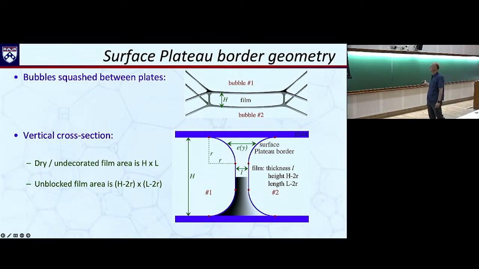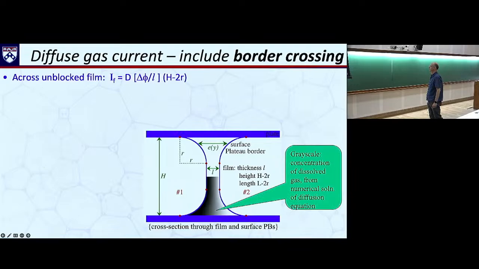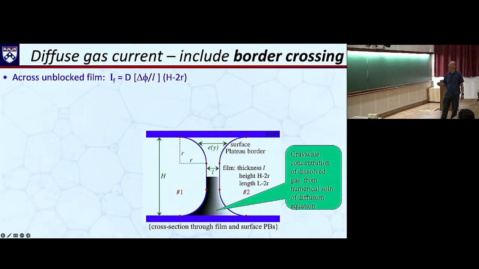We can also think about how much gas gets transported across, not just the film. The flux across the film is set by, per length in and out of the page, the height of the film, which is the gap minus twice the radius of curvature. So it's proportional to this geometrical factor and the stuff that sets the gas flux, physical chemical factors. So there's the geometry.